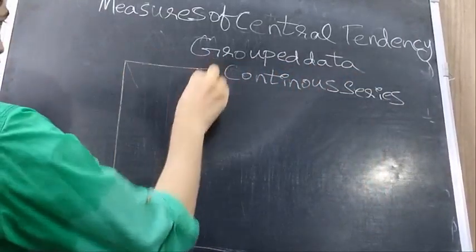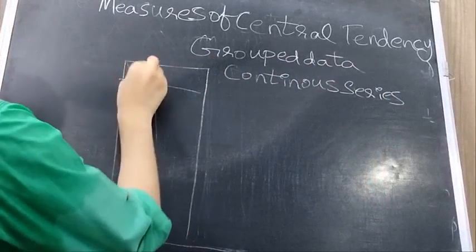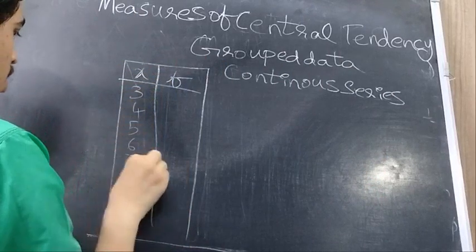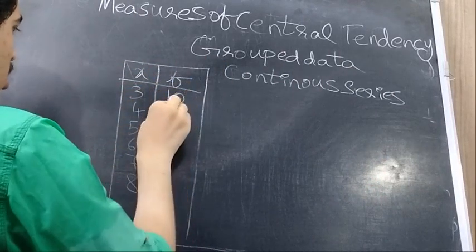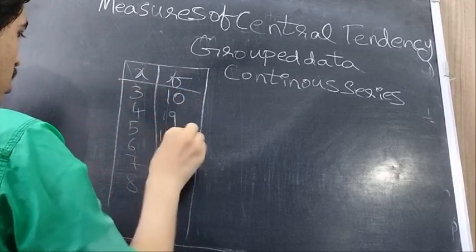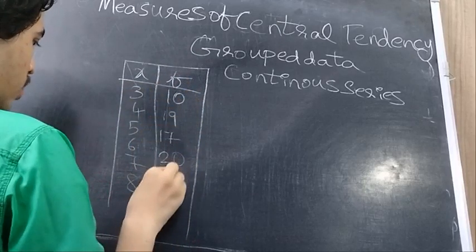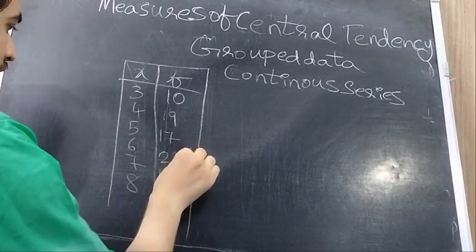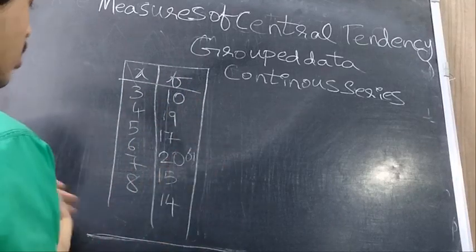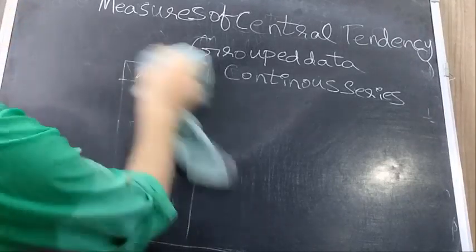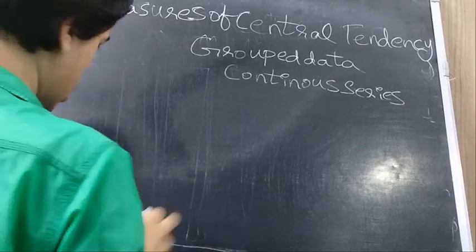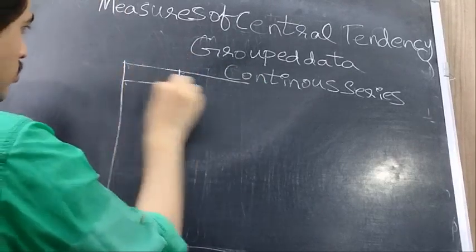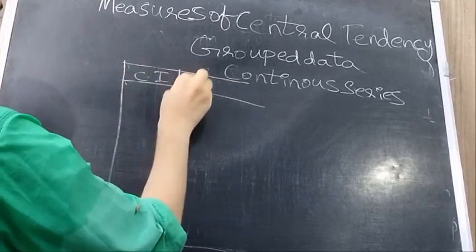Again he will give 2 columns, class intervals and frequency.